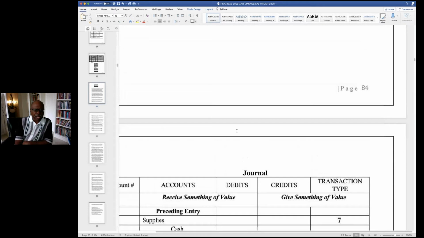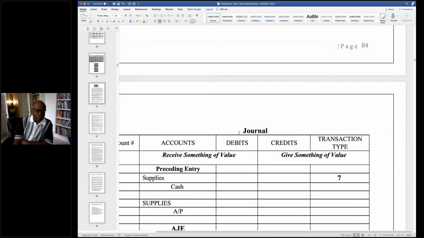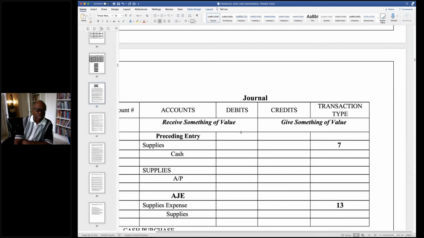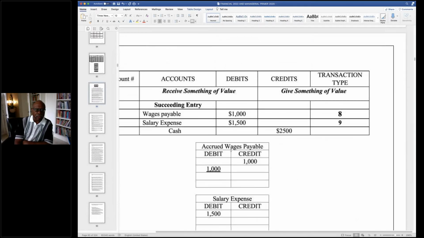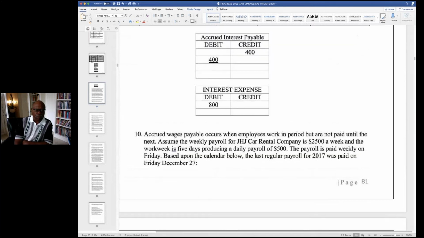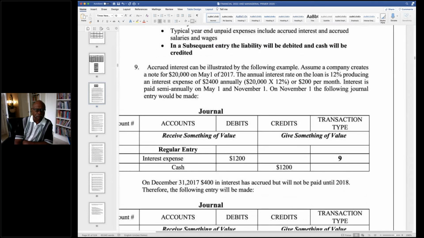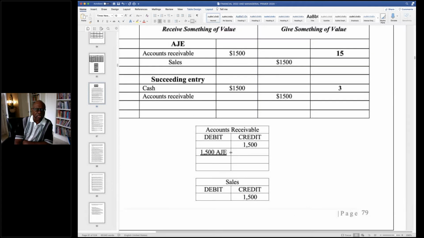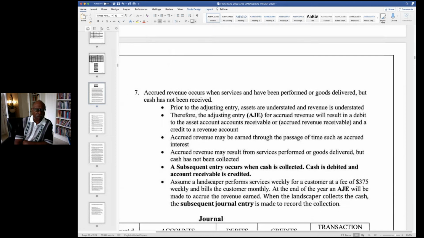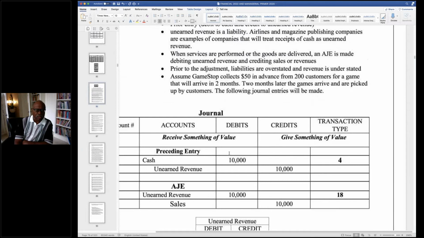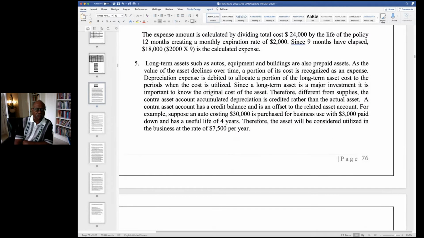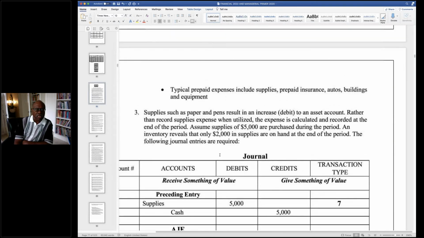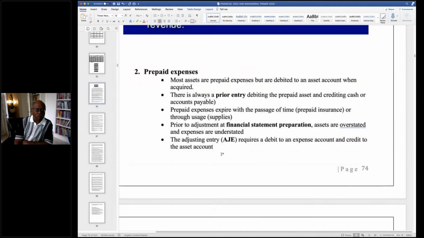When we have a prepaid expense, such as supplies, so let's talk about supplies, okay? And we go back up to our original example on supplies. So you got the examples of each type. So let's talk about it again, prepaid expenses.